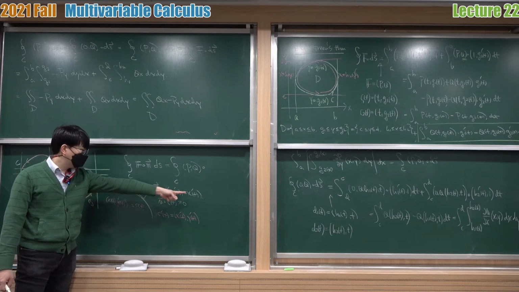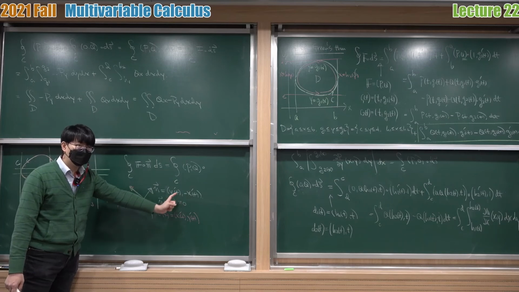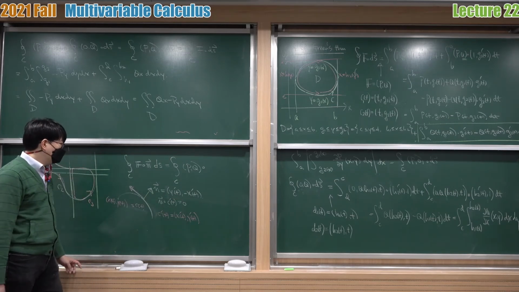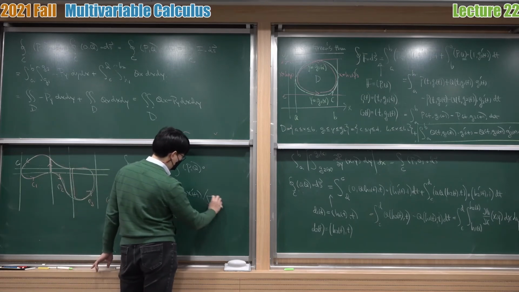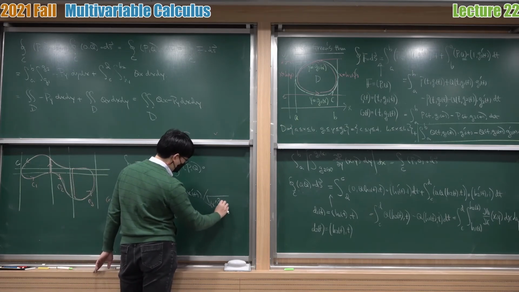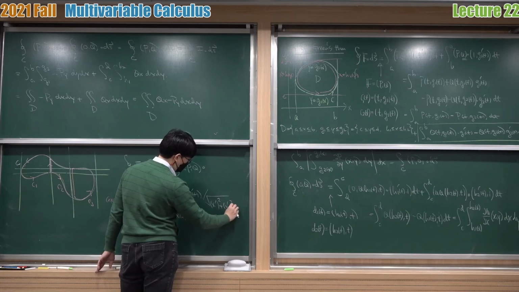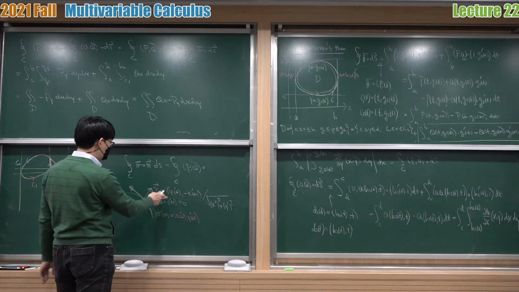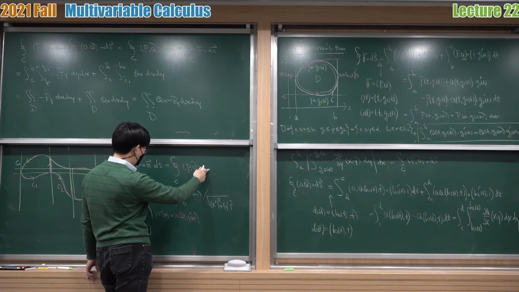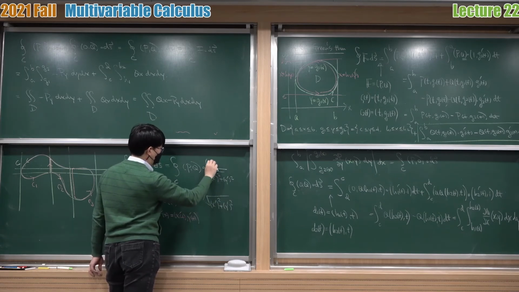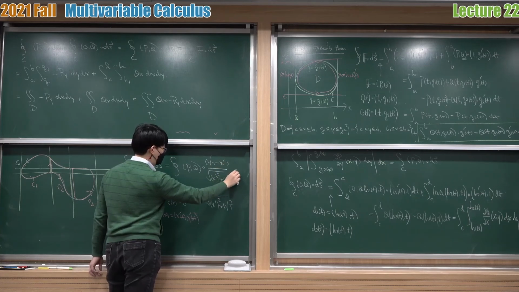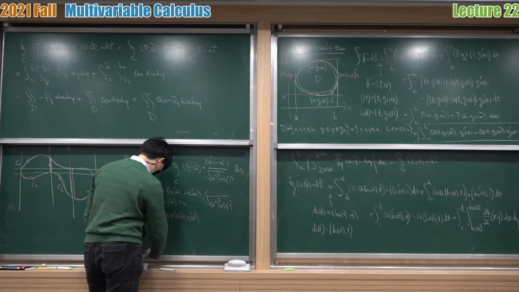You want plus plus, and this is the only way you get plus plus. Then, since you want the unit vector, you have to normalize it by the square root of x prime squared plus y prime squared. So you're going to take an inner product here with y prime, minus x prime, and ds.